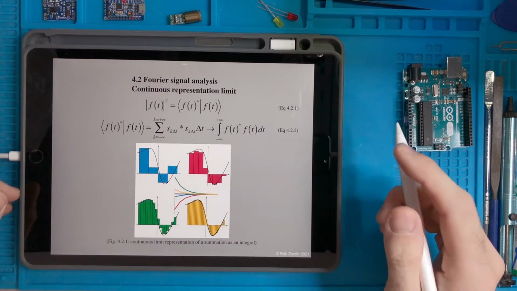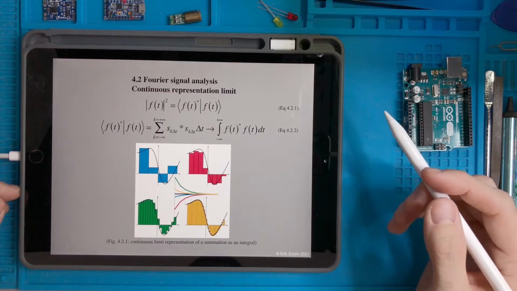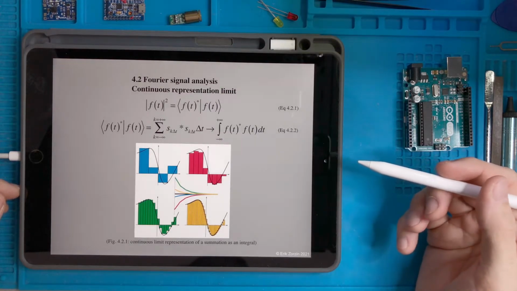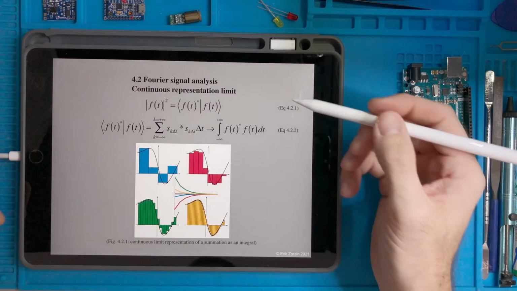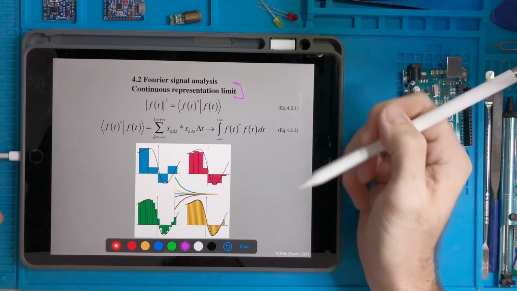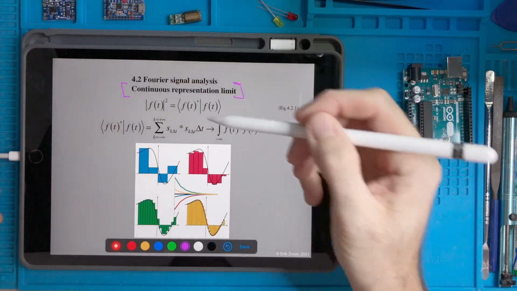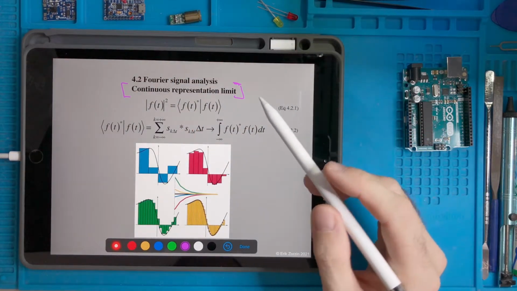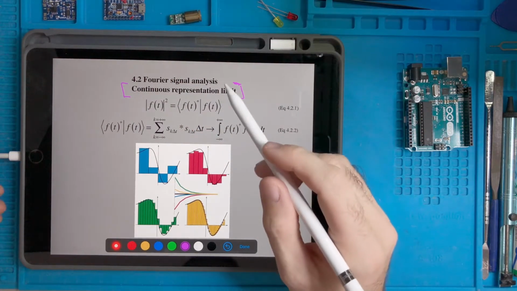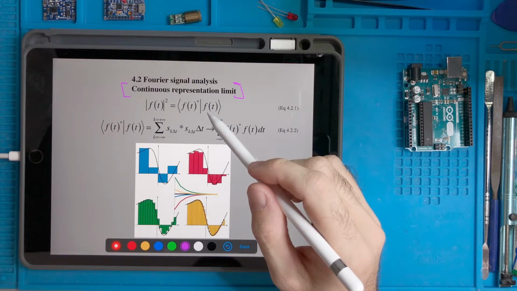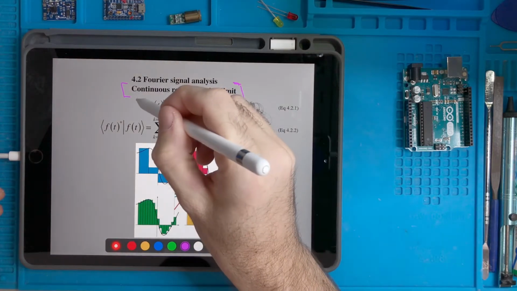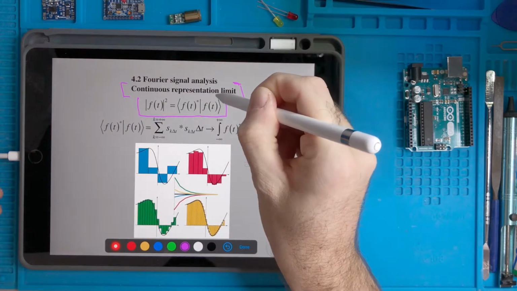Then we go a step further and we consider what we can call the continuous representation limit. We said we have a vector now, and therefore we can think of computing the magnitude of that vector by doing this.